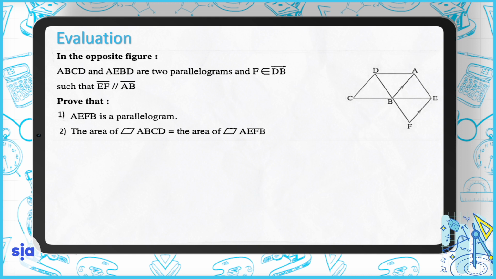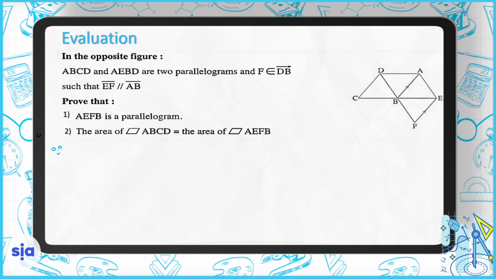Let's now go to the first part. Since AEBD is a parallelogram, therefore AE is parallel to DB, where F belongs to DB as given.